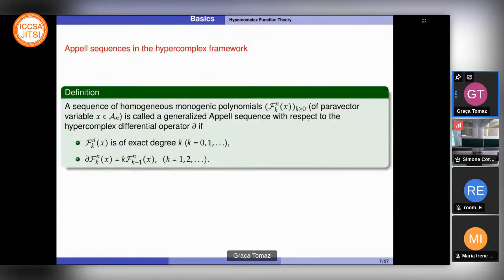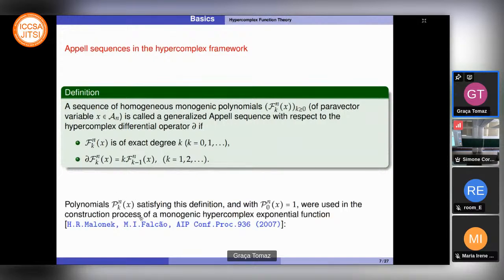Continuing in the context of hypercomplex function theory, I will recall the definition of Appell polynomials, which is a generalization of the classical concept. A sequence of homogeneous monogenic polynomials F_k is called a generalized Appell sequence with respect to the operator del if it satisfies these two conditions: F_k is of exact degree k, and del F_k is equal to k F_(k-1).